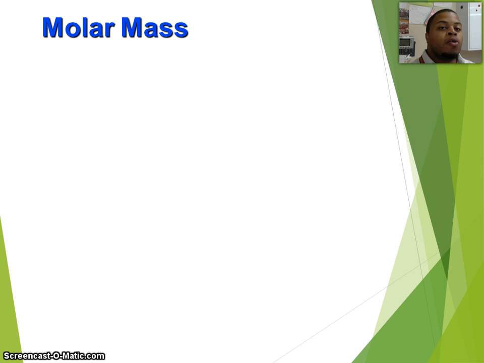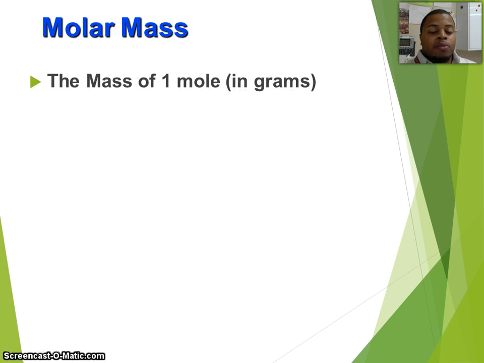Now, molar mass. We spent a little bit of time talking about how we developed the mass on our periodic table. We found out it's the average atomic mass, or the average of the different isotopes that are put together. Now, when I take a regular sample, all of those different isotopes may be included. So my mass is going to contain the amount by mass according to what's on the periodic table.